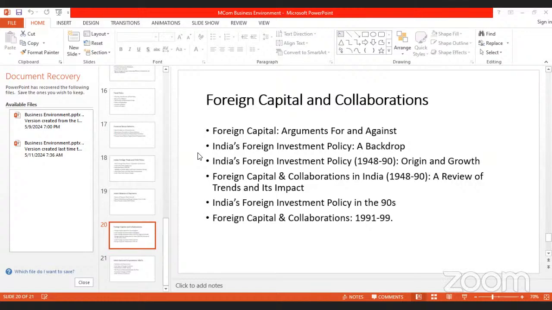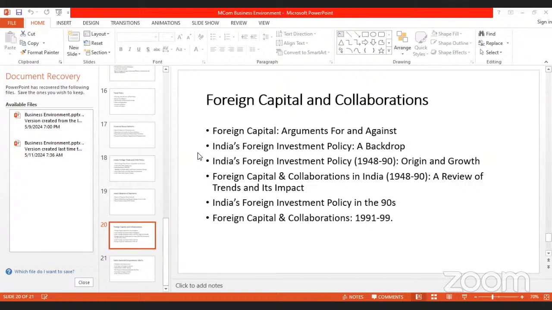The first is economic growth. Foreign capital inflows can accelerate economic growth by providing the necessary funds for investment in infrastructure, industry, and services.